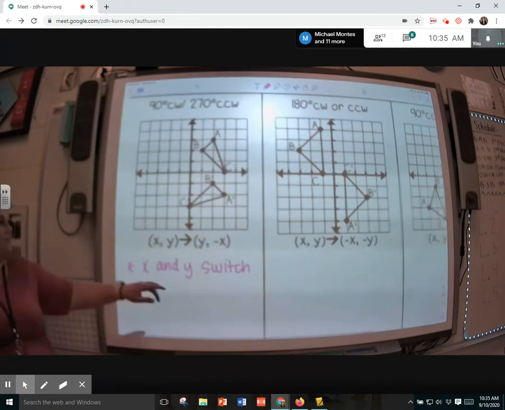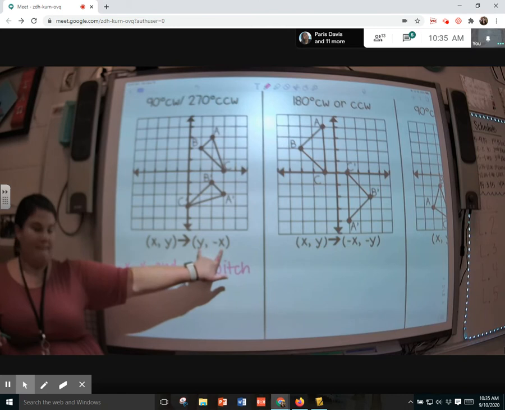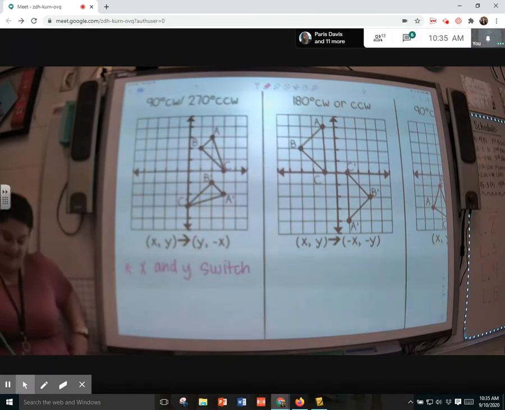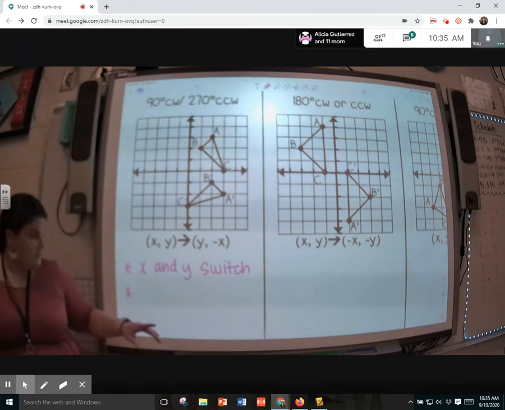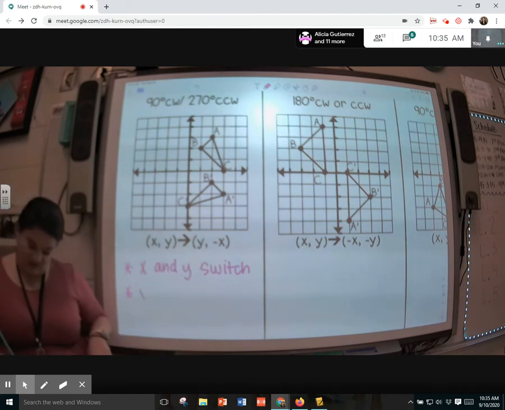So the X and Y switch right here. And then, as you can see in the rule, the X sign changes.